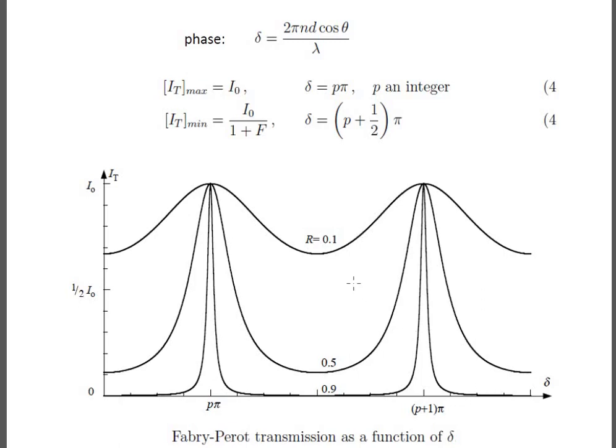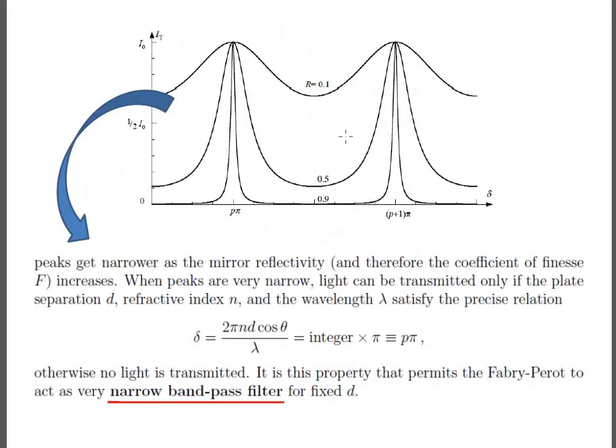Let's see how this plot makes sense in that use. These peaks are slowly getting narrower as the mirror reflectivity, and therefore the coefficient of finesse, increases.